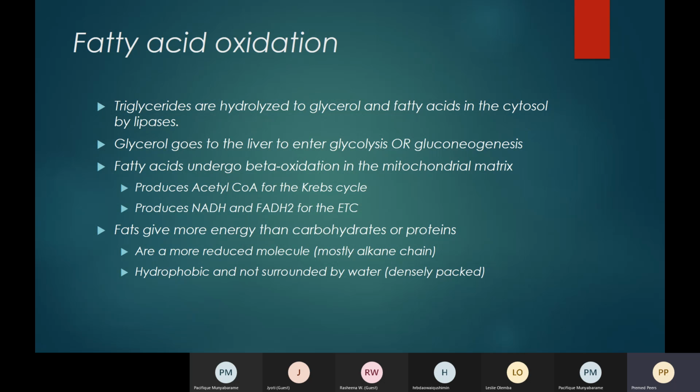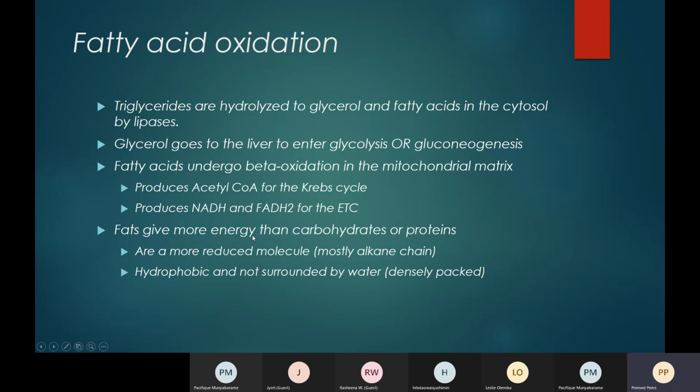We're going to see another use in a minute, but remember, acetyl-CoA cannot enter gluconeogenesis. And then we can also produce these high energy electron carriers from before, NADH and FADH, which then make more ATP from the electron transport chain.